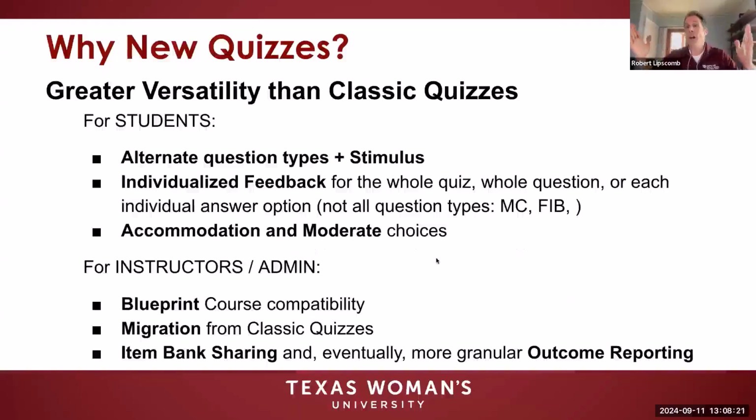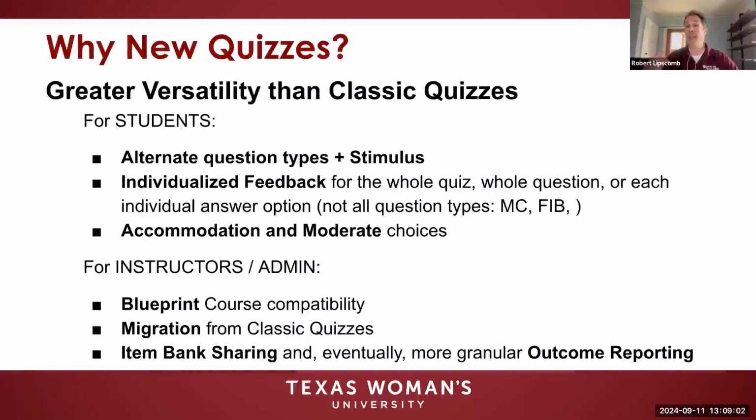So why new quizzes? Well, for students, new quizzes, I guess the key word for everything would be versatility. All the options it affords that are more nuanced, more granular than in classic quizzes. For students, one, there are many more alternate question types and the ability to use a stimulus to which you may add questions to be able to individualize feedback so that you can enter feedback for the entire quiz.